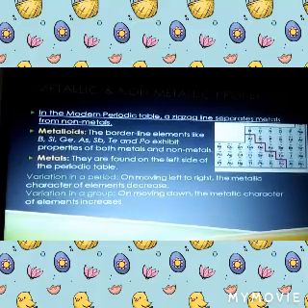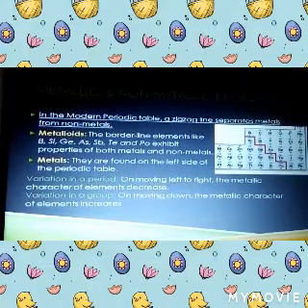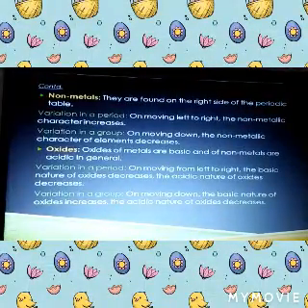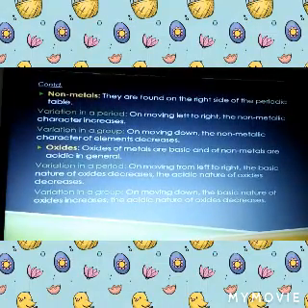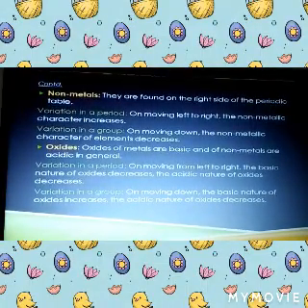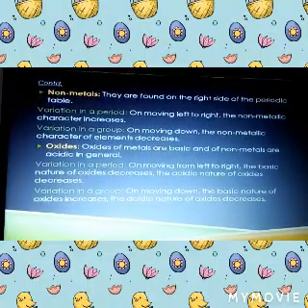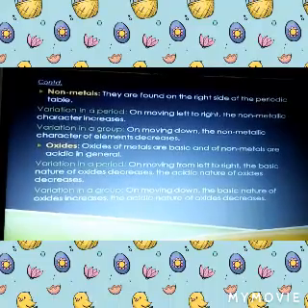On moving left to right, the metallic character of elements decreases, while in a group, going from top to bottom, the metallic character of the element increases. It means in the group, it's the opposite of the period. Non-metals are found on the right side of the periodic table. Moving left to right, the non-metallic property increases, while in a group, going from top to bottom, the non-metallic property decreases.